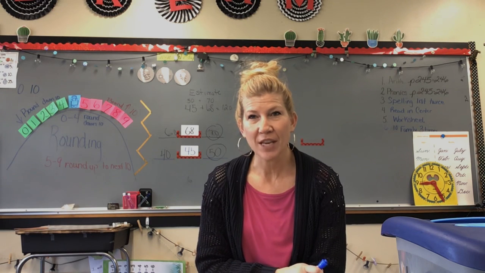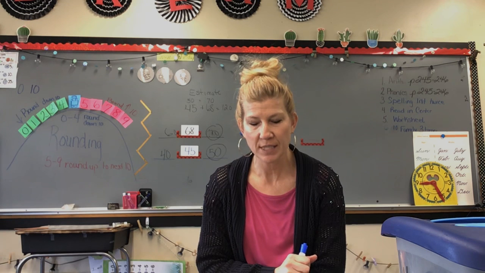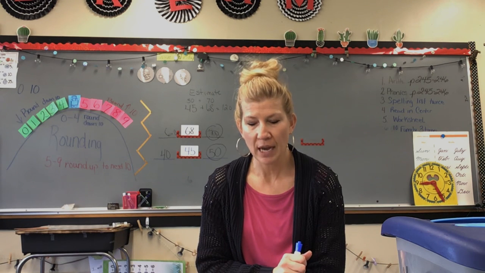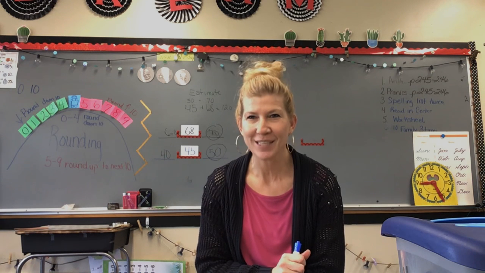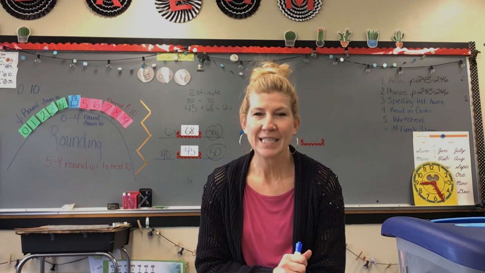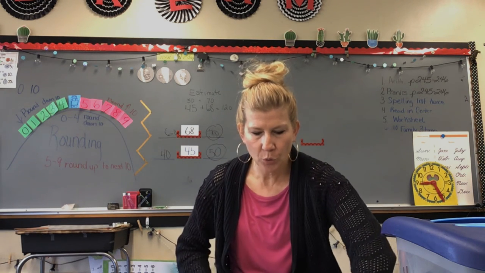Write $12.50 for 1A, $12.50. B, 13,009. C, $22,600. And D, 5 1/2. That's a mixed number.